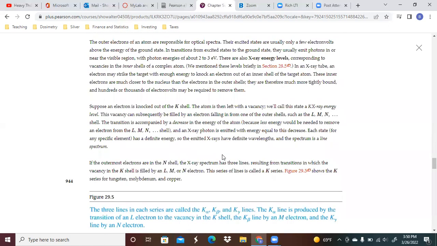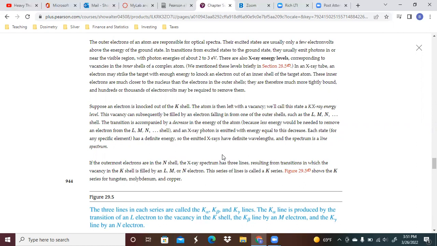Now, X-ray energy levels. The outer electrons of an atom are responsible for optical spectra. Their excited states are usually only a few eV above the energy of the ground state. In transitions from excited states to the ground state, they usually emit photons in or near the visible region, with photon energies about 2 to 3 eV.